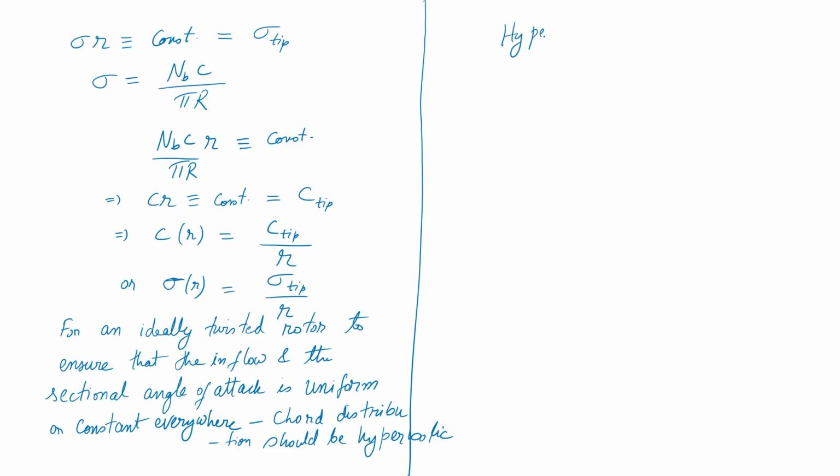So, hyperbolic chord or solidity means C as a function of r is given as C tip by r. Okay.